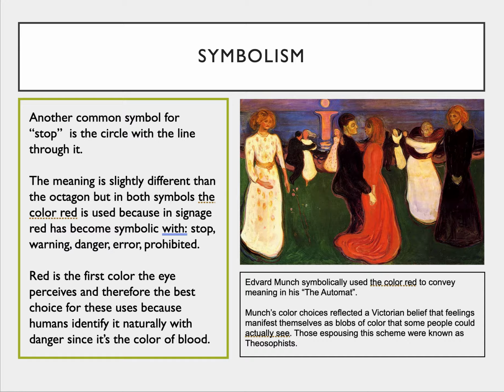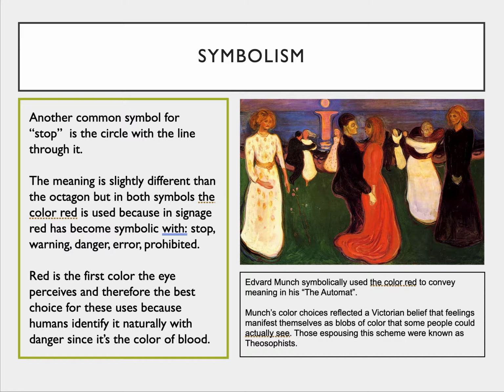In this artwork by Edward Munch, the red dress is the symbol. So red is the symbol. The elements themselves can be symbols. And especially in architecture, colors represent things.